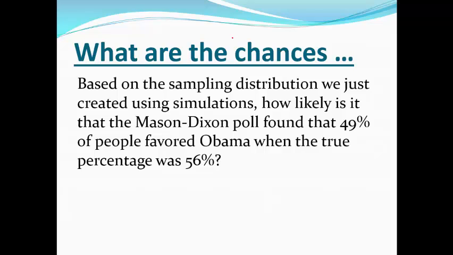So again, if we're going to answer this question, we want to find out how likely it is, what's the probability that these p hats, 49% of people or fewer, voted for Obama? So again, a chance to remind you, why am I doing less than or equal to?